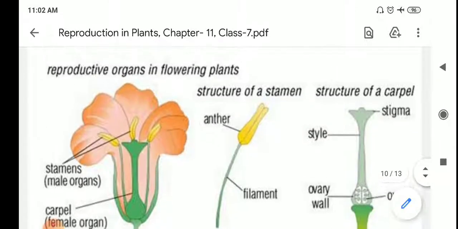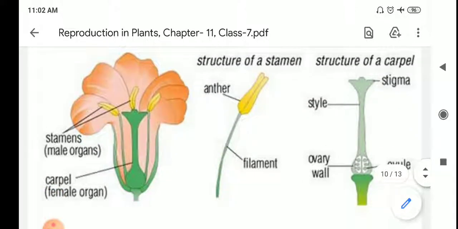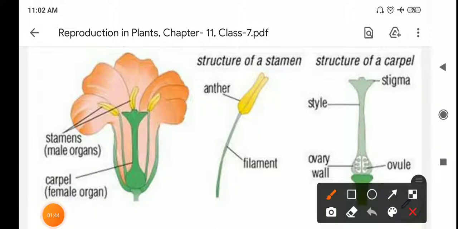Here you can see the structure of the stamen and carpel nicely. The structure of the stamen: this filament and anther, these two parts make up the stamen.